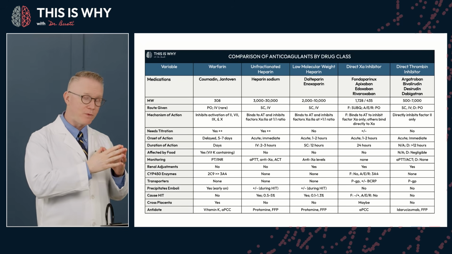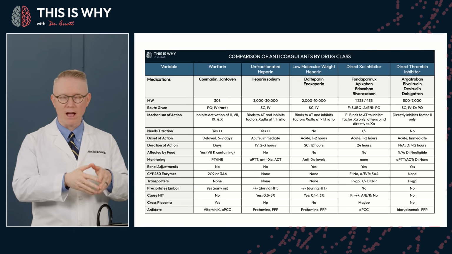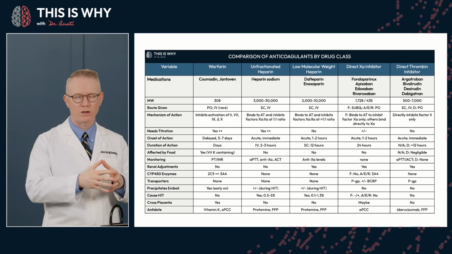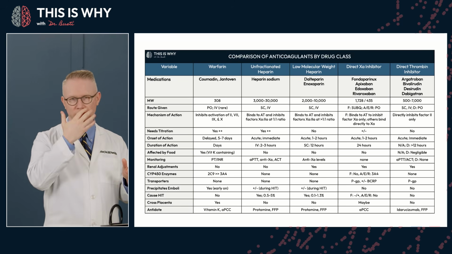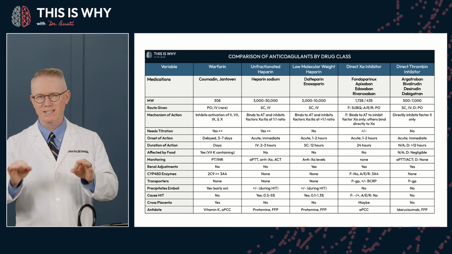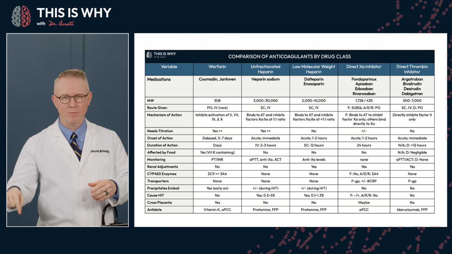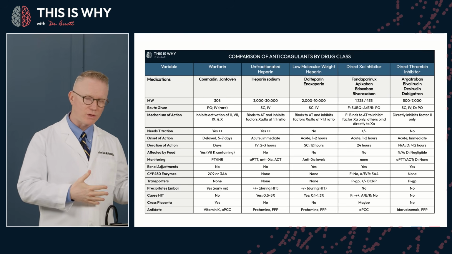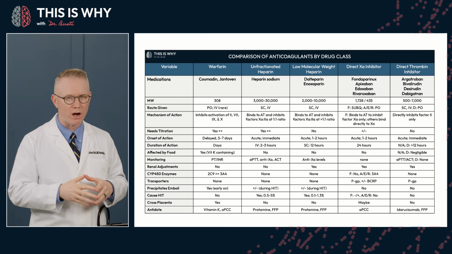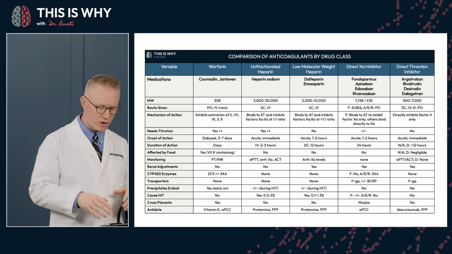Argatroban and Bival are parenterally administered, largely reserved for acute situations like HIT and STEMI, whereas Dabigatran is for DVT, PE, and patients with AFib, trying to protect them from cardioembolic strokes.